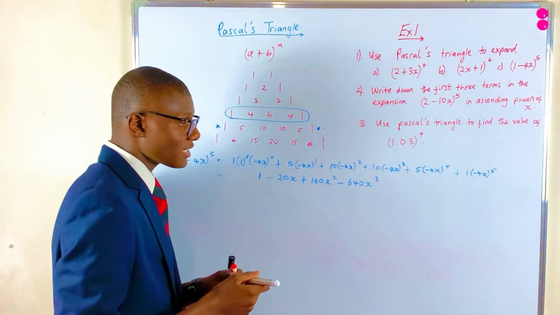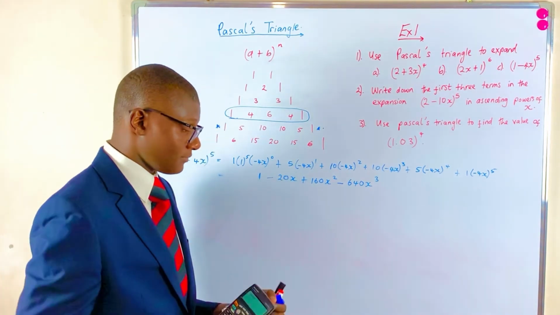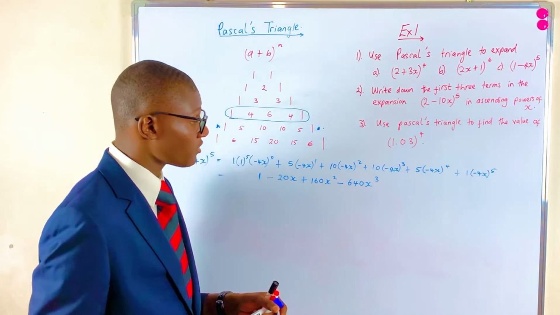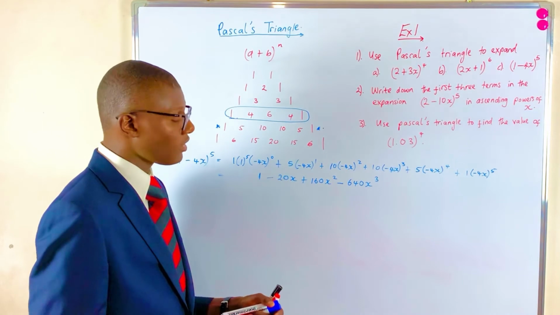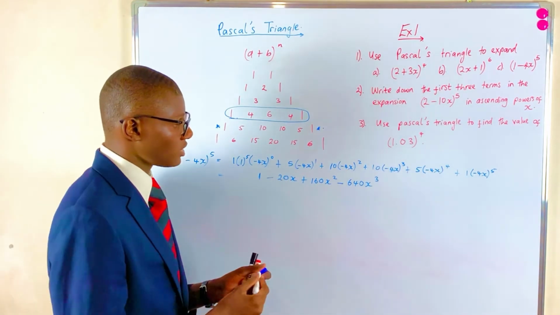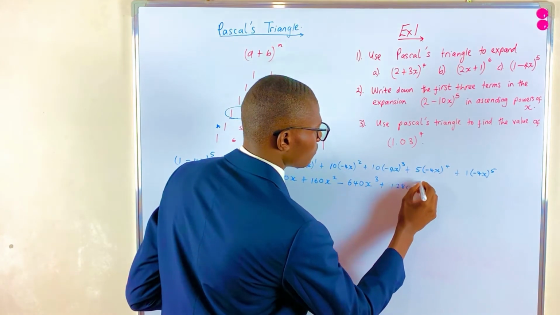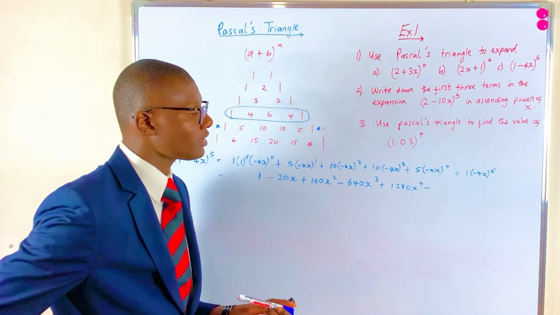then minus 4x to the power of 4, we now get what? Let's see, to the power of 4, that's 256. And then times 5, that will give us 1280. So plus 1280x to the power of 4, and then minus, right?